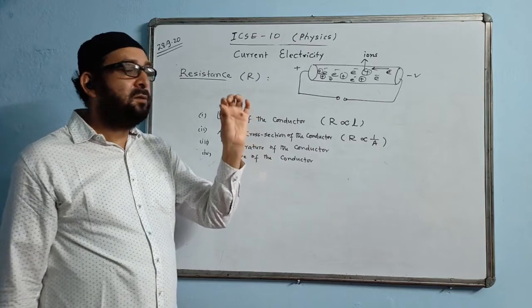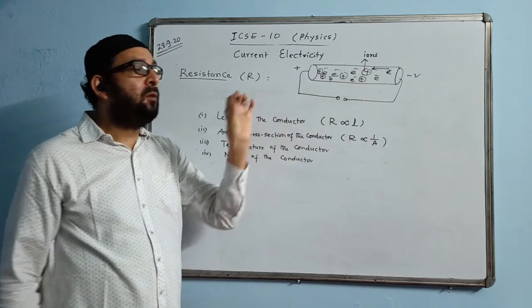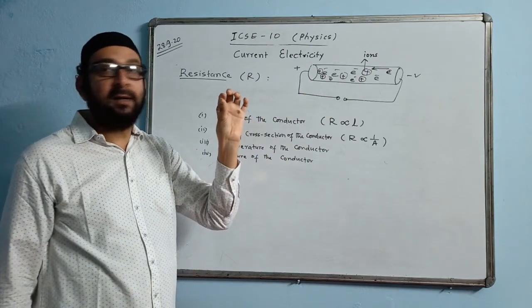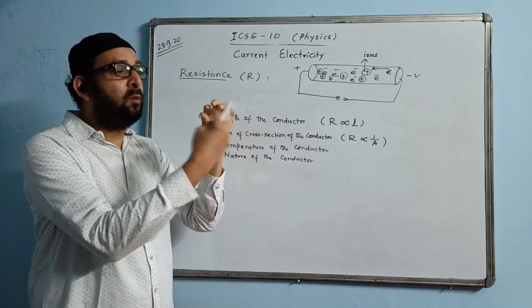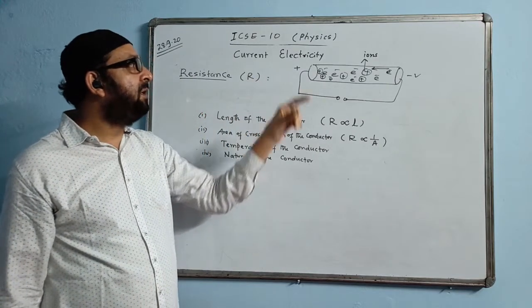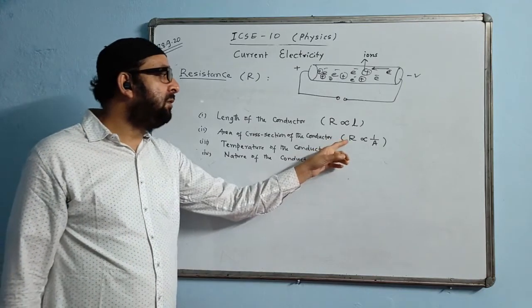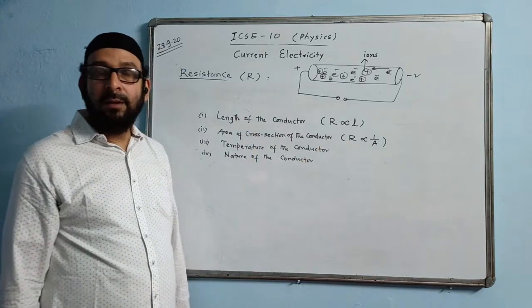If the wire is thin, the electrons and the ions will be compact, closely packed. The number of collisions will be more there. More collisions take place between the free electrons and the ions, and as a result the resistance will also be more. That is the idea behind it.